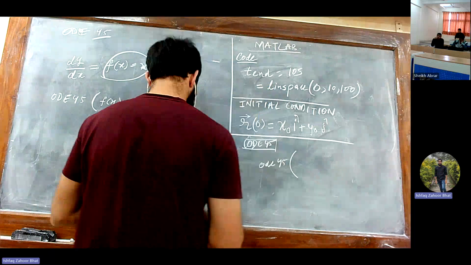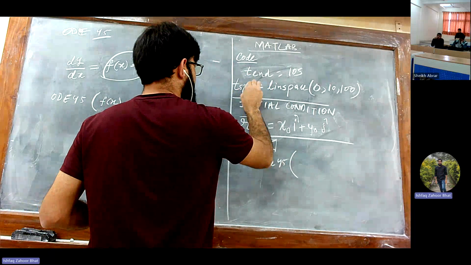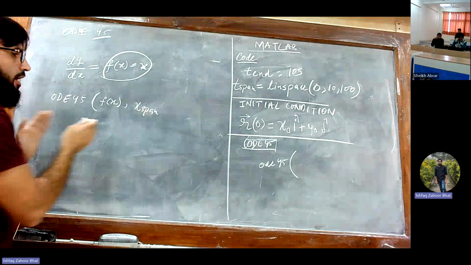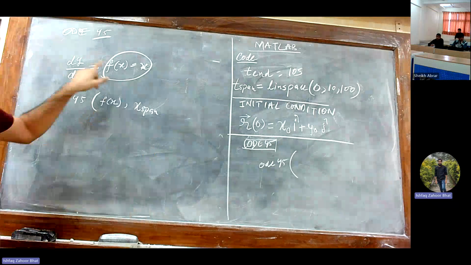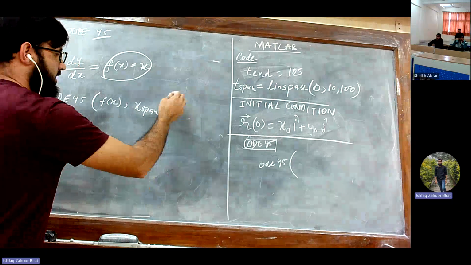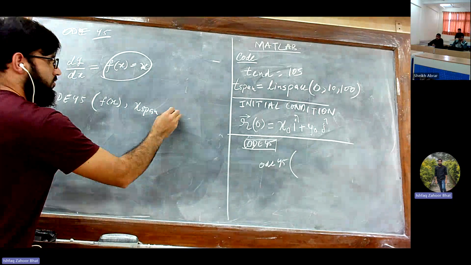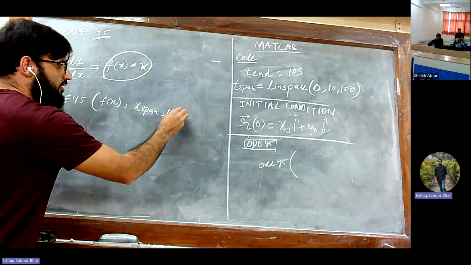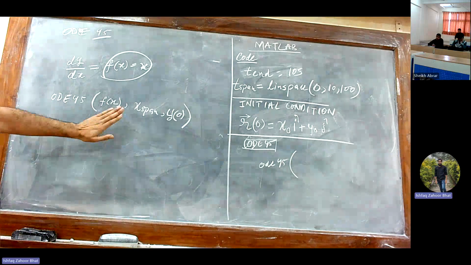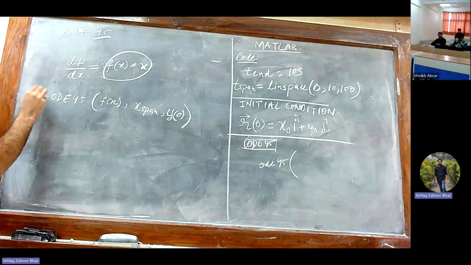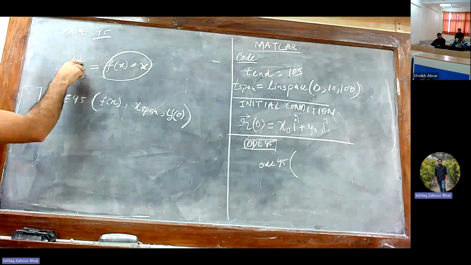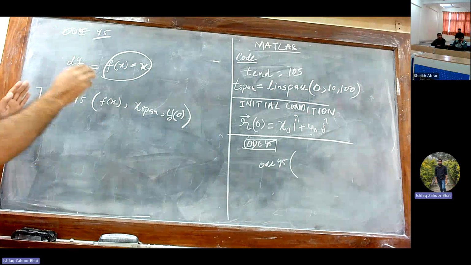Let me write this. So for how much x I want to integrate this f of x function, I will give it that. And there are initial conditions. Very important: I need to give the initial condition for this y. And when I give this to ODE45, it will return the value of y for this span of x.